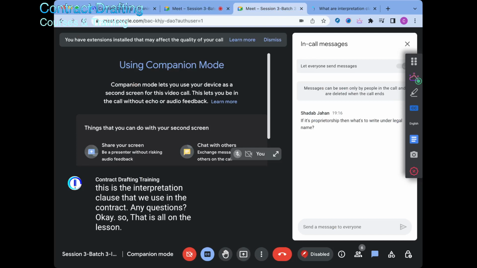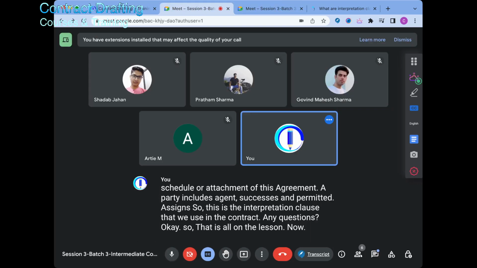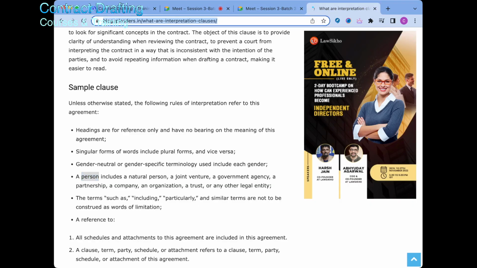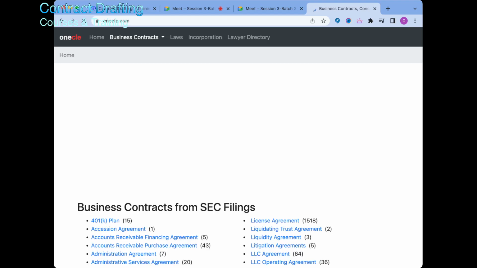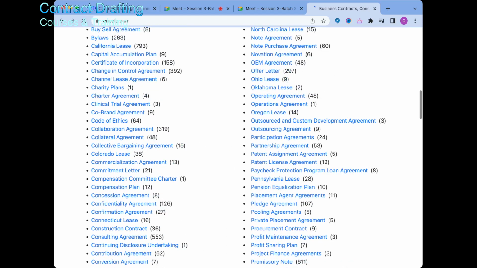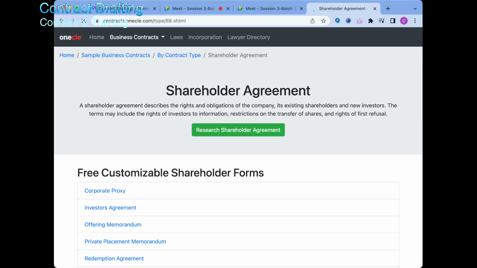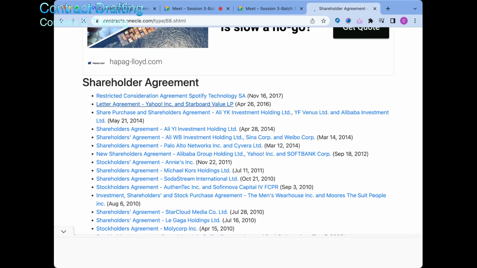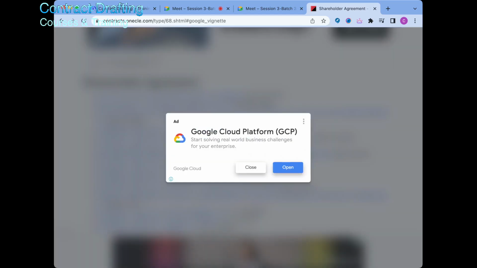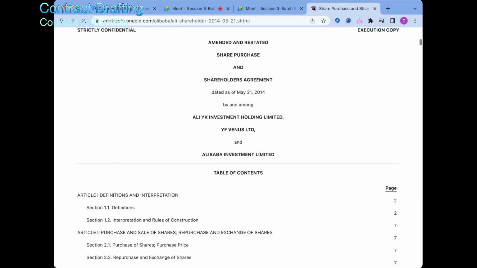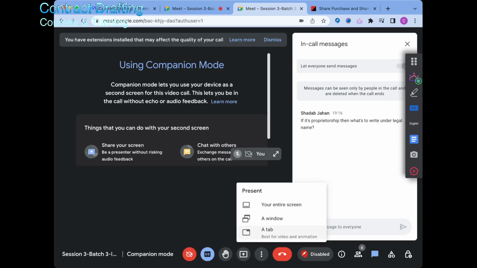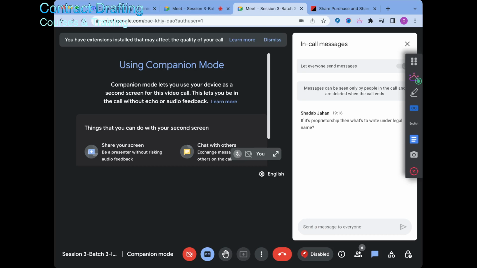Now let's see one of the contracts. Let me know if this is visible.